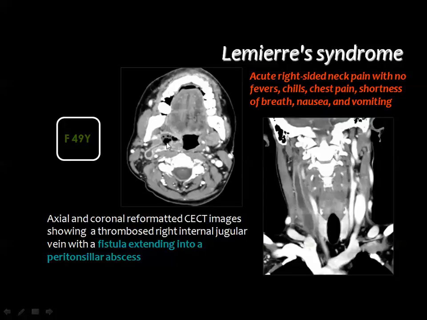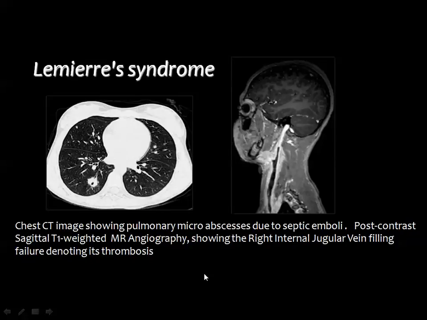Then you see a small track leading from the site of infection to the anatomic site of the internal jugular vein, which is totally obliterated, and you can see the whole course of the internal jugular vein obliterated by this septic thrombus.